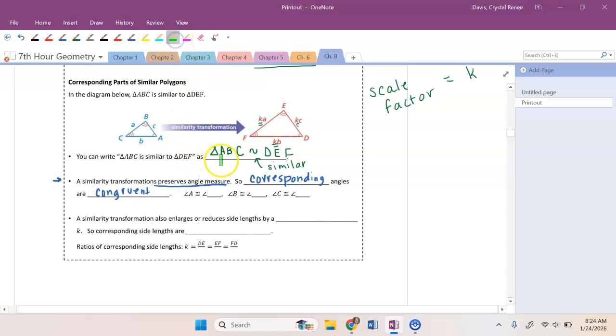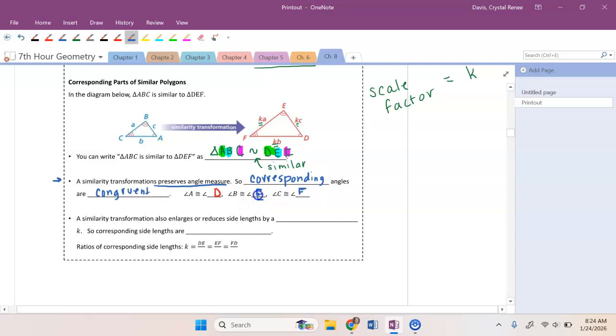Okay, so corresponding angles, remember, are in the same position. So that means that angle A is congruent to angle D. Okay, that means that angle B and angle E, which are both in the middle, are congruent to each other. Angle B and angle E, which then means that angle C and angle F are also congruent.